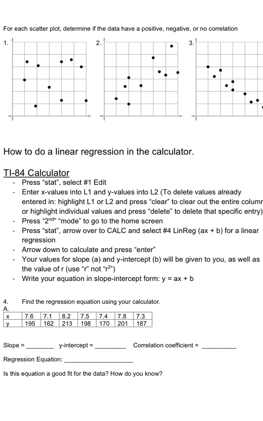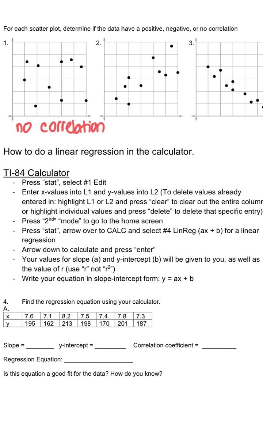Now for this part, let's go ahead and see if we can identify this. For each scatter plot, determine if the data have a positive, negative, or no correlation. So for number 1, we can see the dots are all over. There's no pattern here. They're just kind of all over. So we're going to put no correlation. Okay, now the second one.